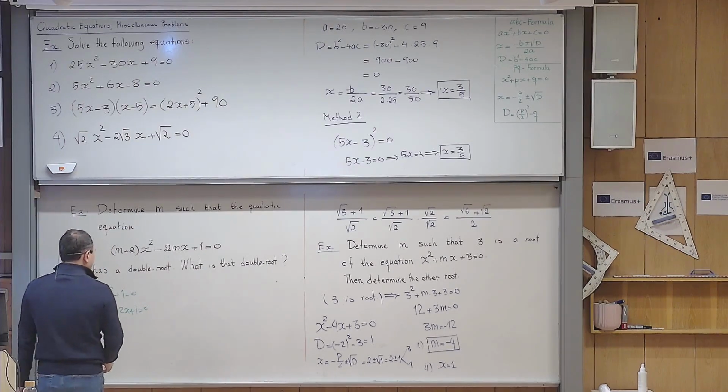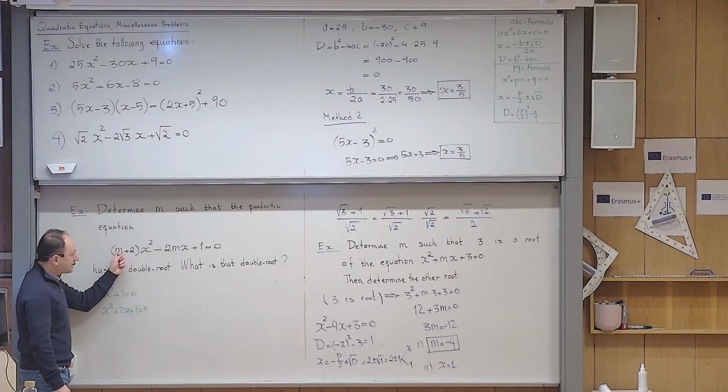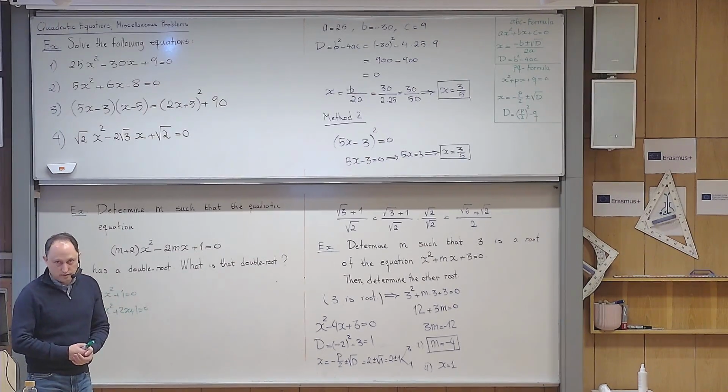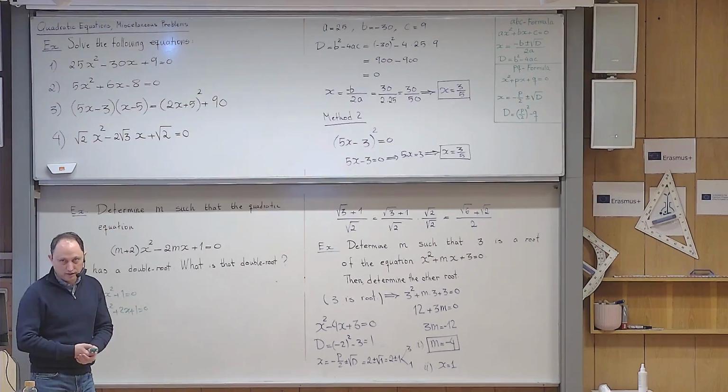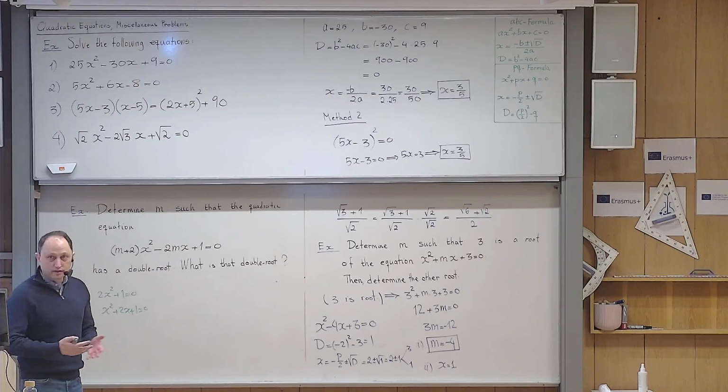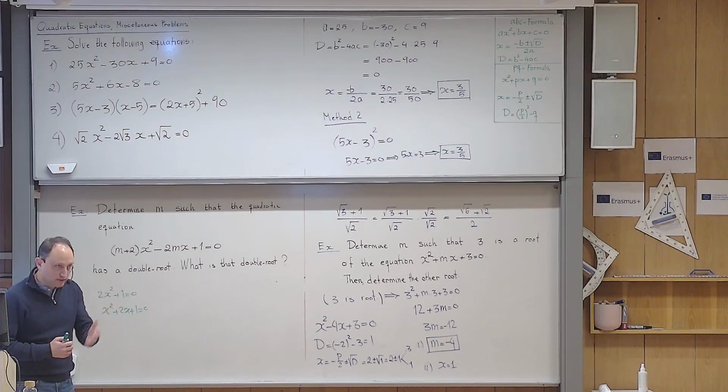So I want to systematically find that particular value for m so that when I replace m with that number and I get a quadratic equation, and I solve that quadratic equation, among three possibilities, I have the one which gives me the double root. Yes? Is the explanation clear? Is the goal of the exercise clear?